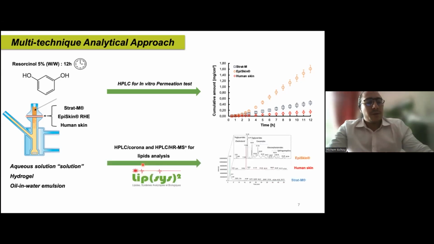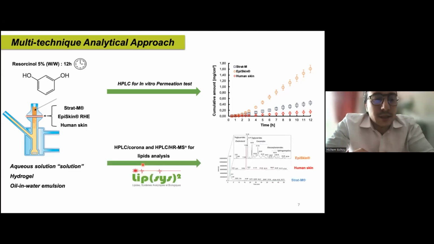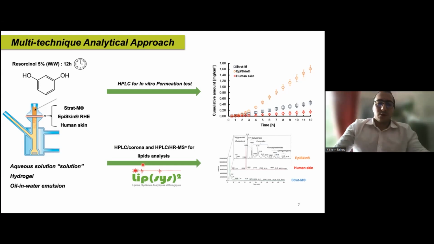Second, the lipids extracted from the skin models were analyzed qualitatively and quantitatively using HPLC coupled with mass spectrometry, in collaboration with Lipsisky from Paris-Saclay University. This second step aims at comparing the lipid composition in the three skin models used in this work.